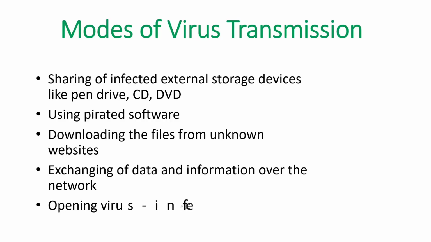Opening virus infected emails is also one of the modes of virus transmission. The virus may enter our computer system if we are opening a mail that already has a virus file attachment. So these are some of the modes of virus transmission.